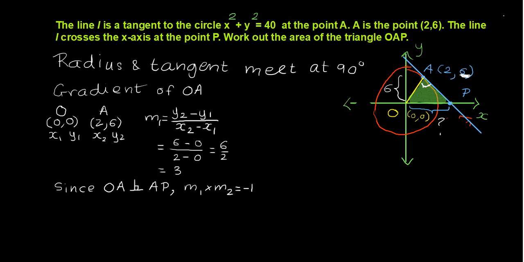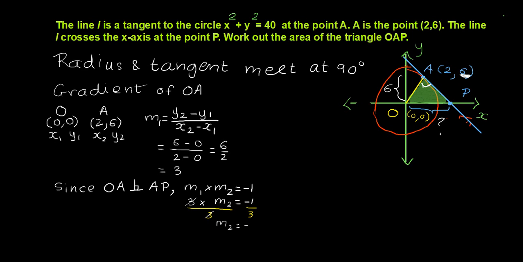So we know M1 is 3. M2 we don't know as yet, it's minus 1. So to get M2 on its own, we divide both sides by 3. So now we know that M2, these two 3's will cancel out, and then you're left with M2 equals minus 1 over 3.